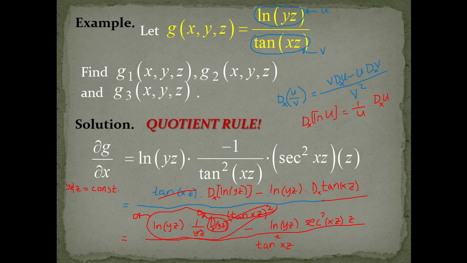This is negative ln(yz), multiplied by secant squared xz times z, divided by tangent squared xz, which is similar to this one. Alright, so I hope you were able to follow it.